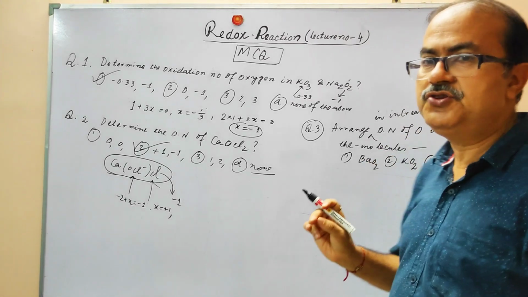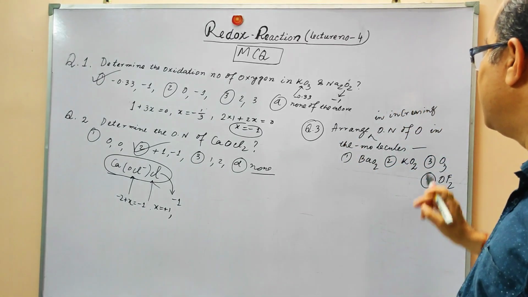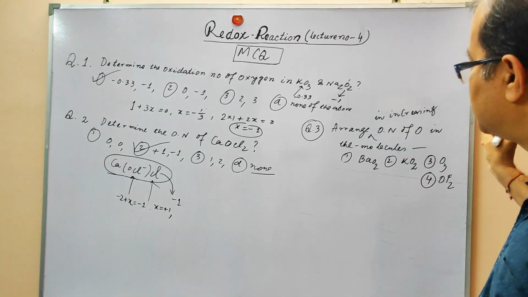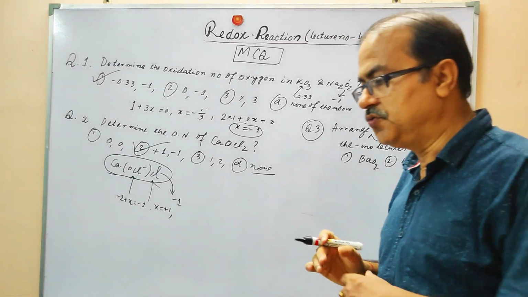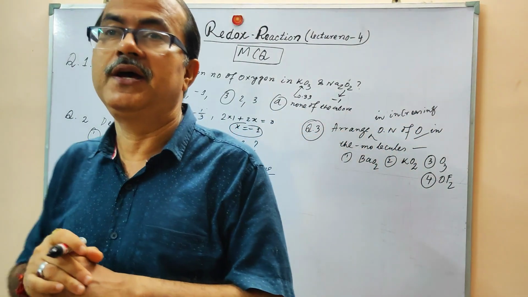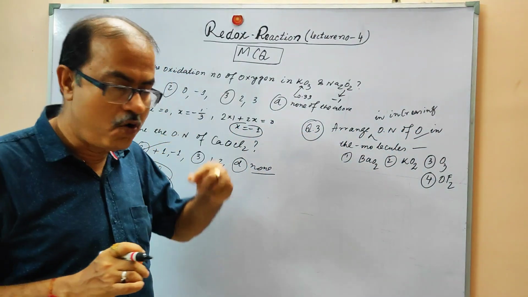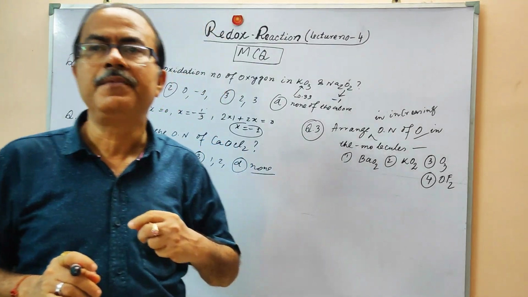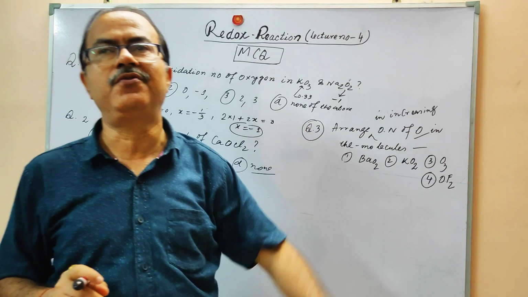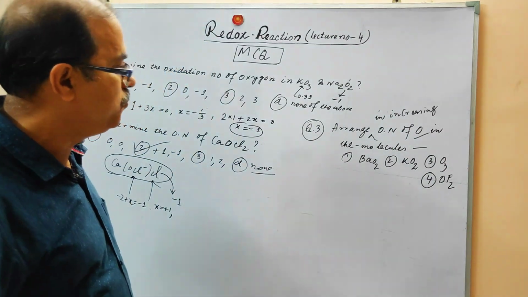You have to arrange the oxidation number of the oxygen atom of these molecules in increasing order. First you have to start from the lowest oxidation number and finish with the highest oxidation number. How do you do that?